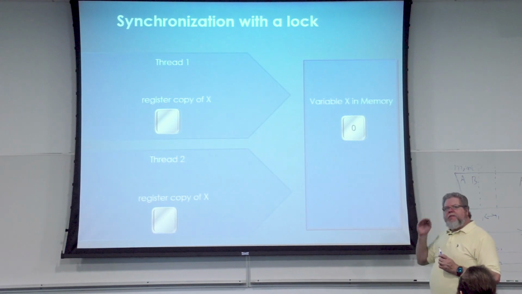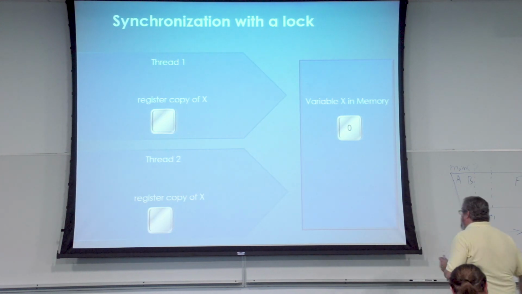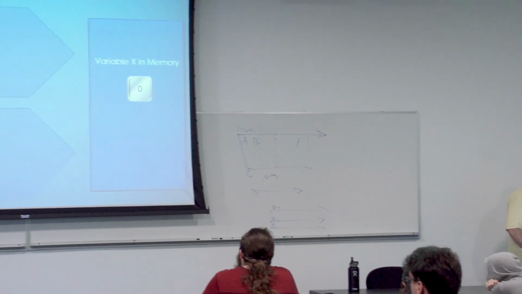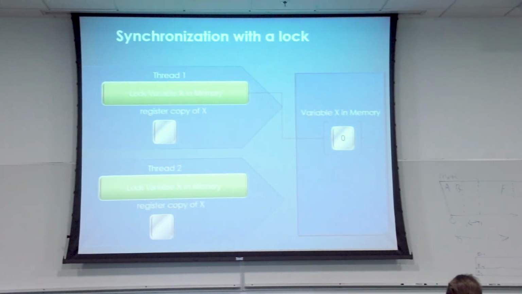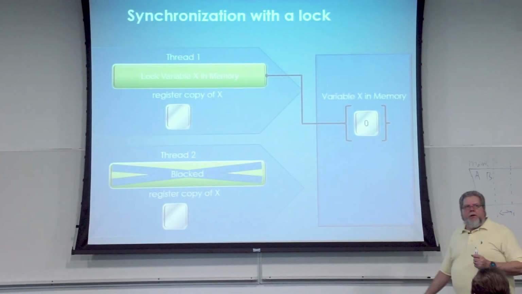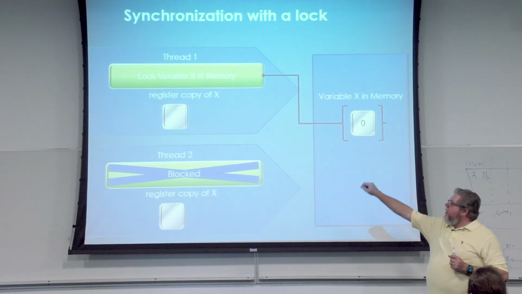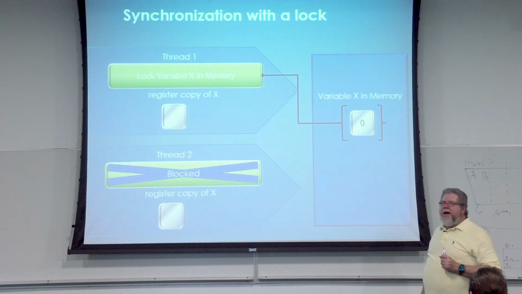But I've got a couple of lines of code that I've added in. The code that I've added in is my synchronization. Now, the first thing that happens when we show up, instead of just copying the variable in like I did before, the first thing I do is lock the variable x in memory.